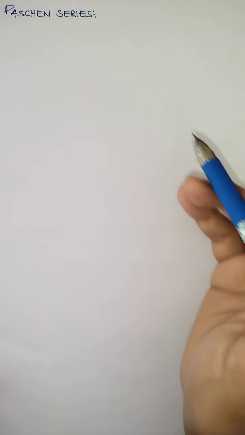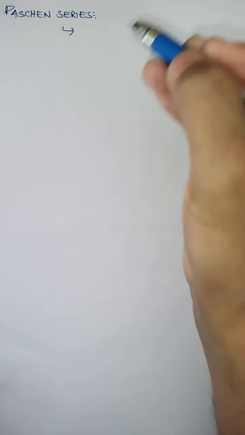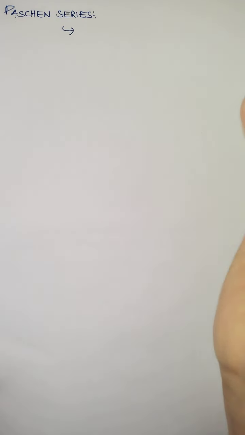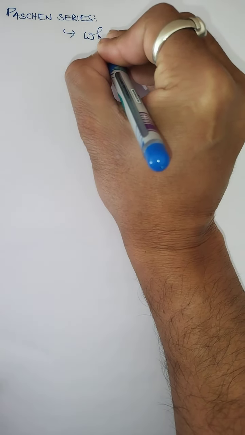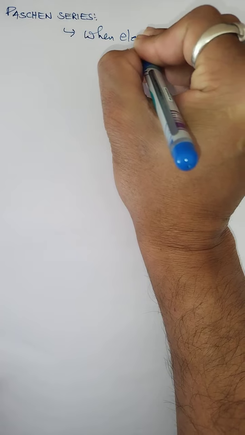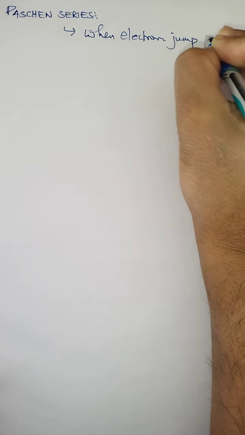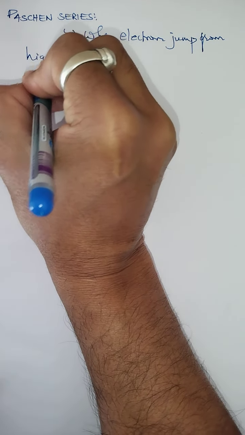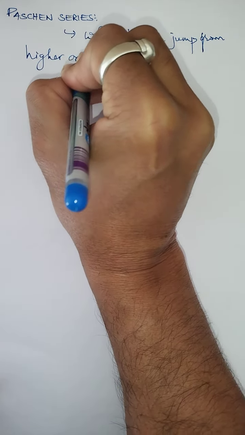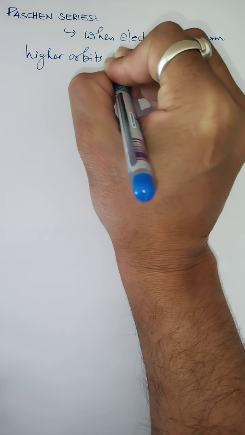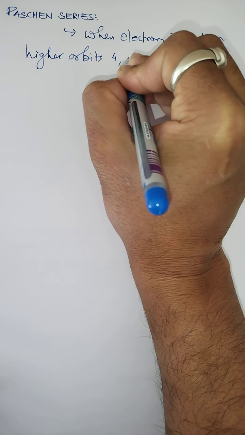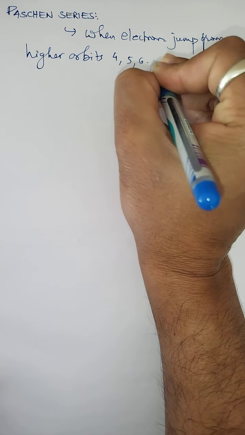In this series, the emission of radiation from the hydrogen atom takes place when the electron jumps from the higher orbits, and these higher orbits are 4, 5, 6, and so on.